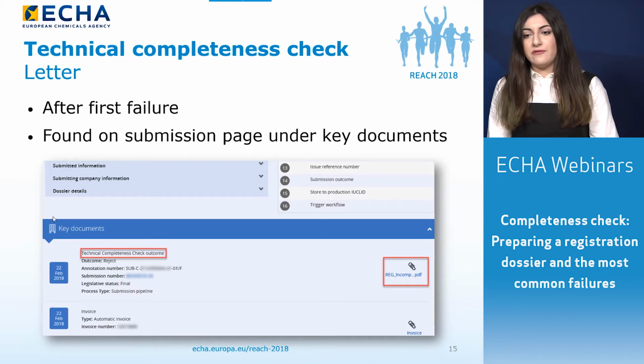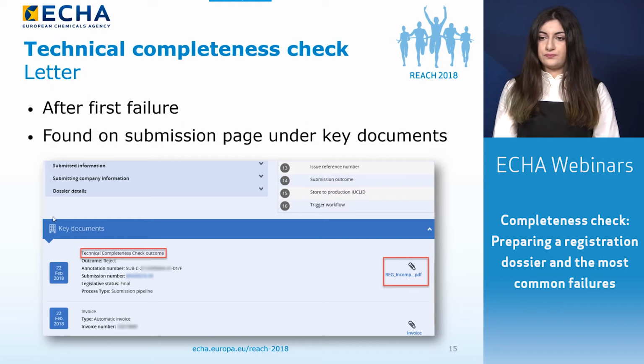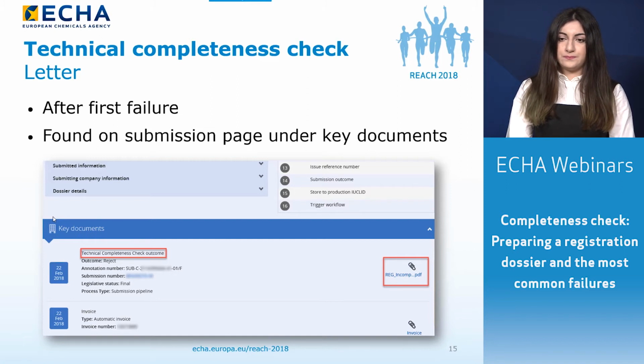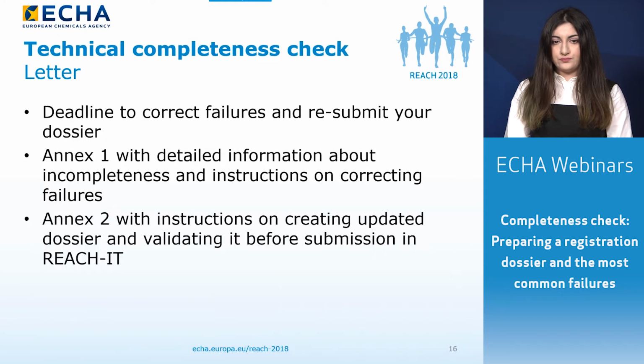Now getting back to the first TCC failure, we mentioned that there is a letter sent to your Reach IT task box. You can find the letter under Key Documents as illustrated on this slide. We will now further discuss the TCC letter and its key components. Basically, the TCC letter is composed of three main information blocks.